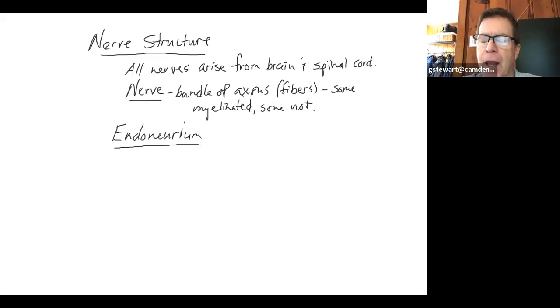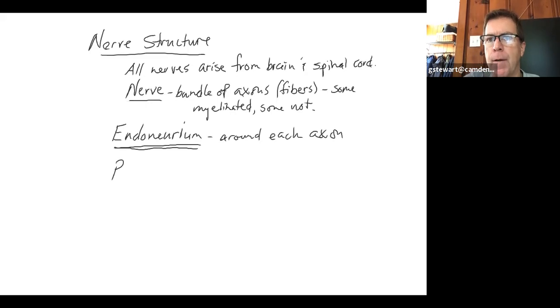So just like endomysium was the delicate connective tissue that wrapped around a muscle fiber, endoneurium is basically the same connective tissue. It's delicate, thin connective tissue that wraps around a single axon. So I'm just going to write around each axon. All this language is the same.